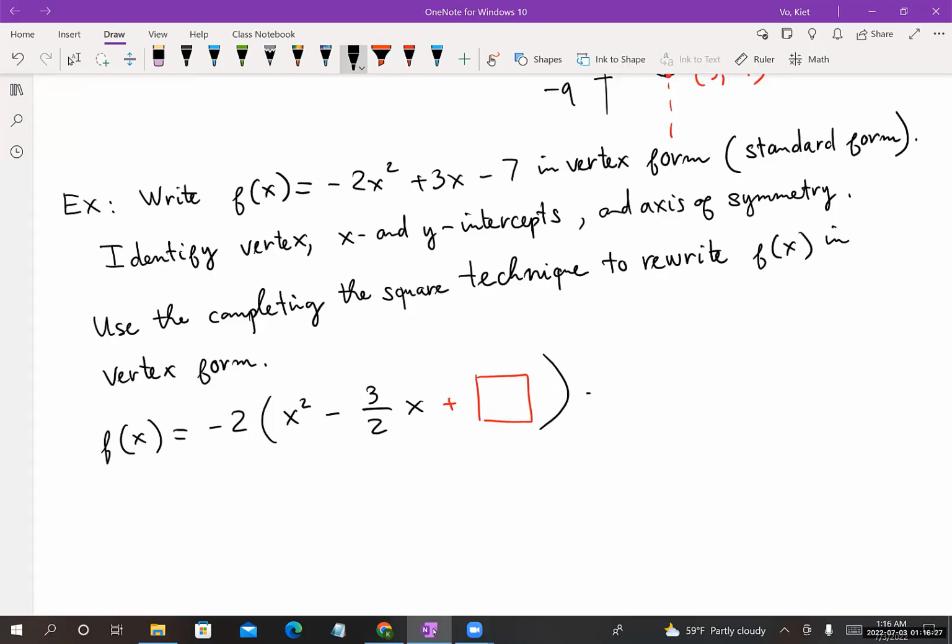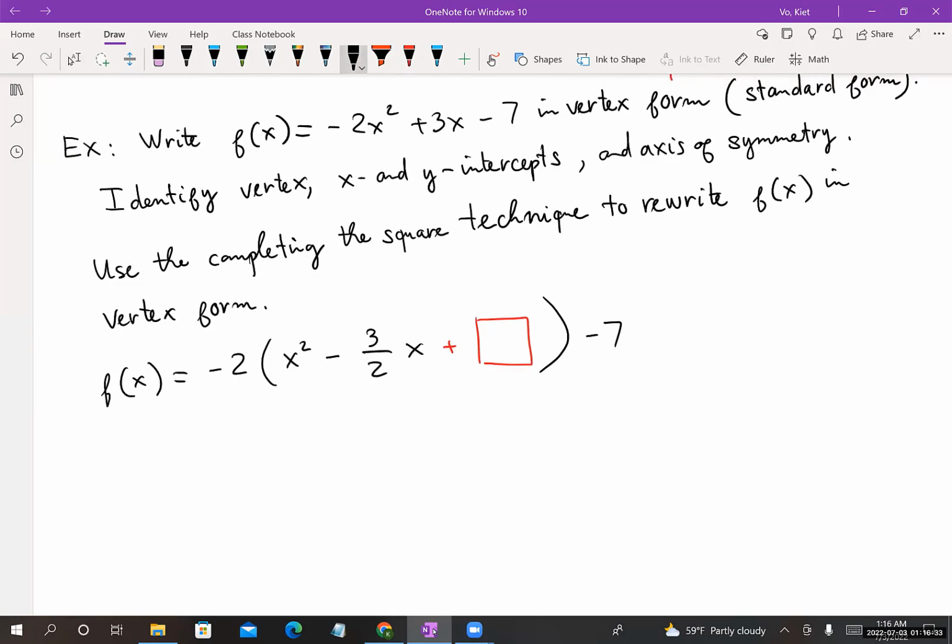Here we still have the subtract 7. And then what do we add here? We're going to add the square of half of the middle term, 3/2.